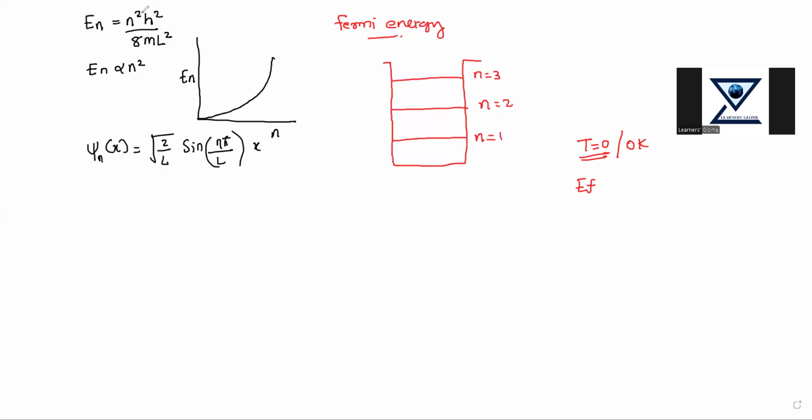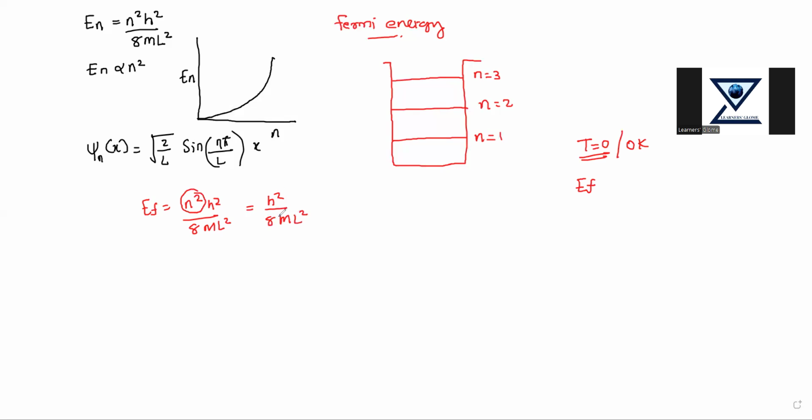Now EF, from this equation, is n square h square by 8 ml square. So when n is equal to 1, this is h square divided by 8 ml square.